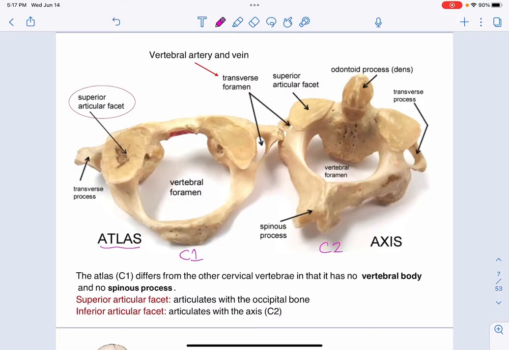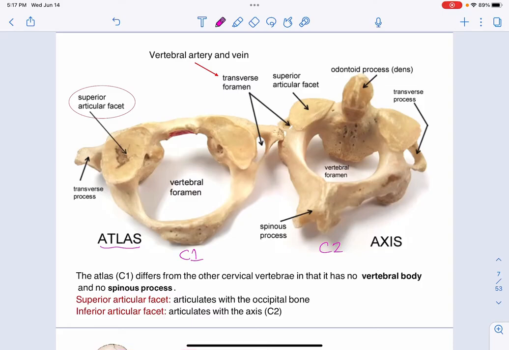The way they got these names, if you remember the Greek god in mythology, Atlas, he had his arm up and his hand up, and he was holding the globe, the world, in his hand. So atlas got its name because this bone articulates with the skull.